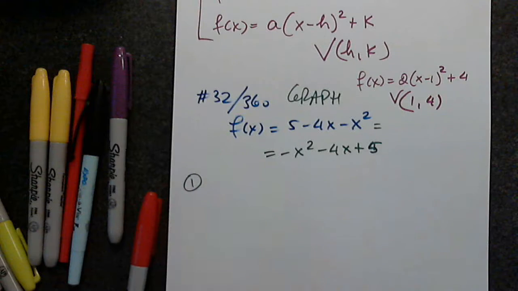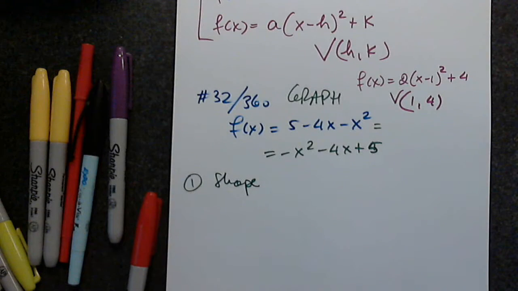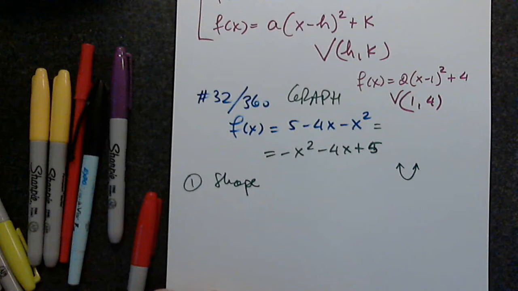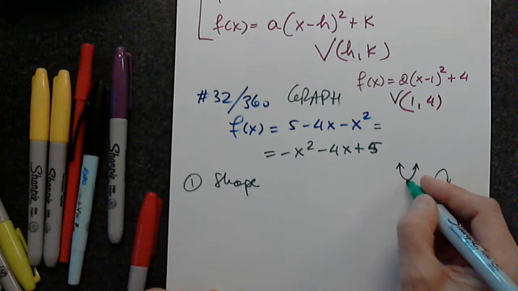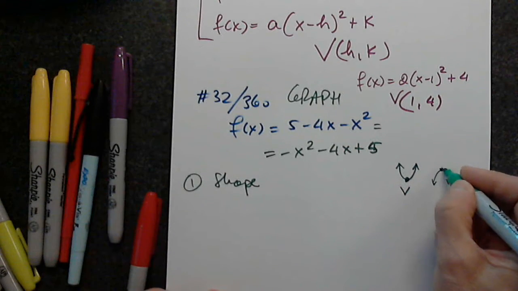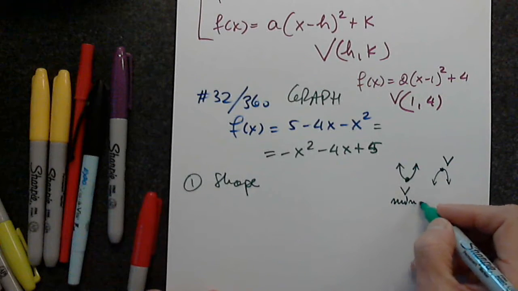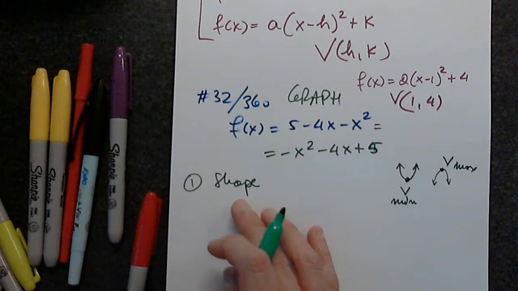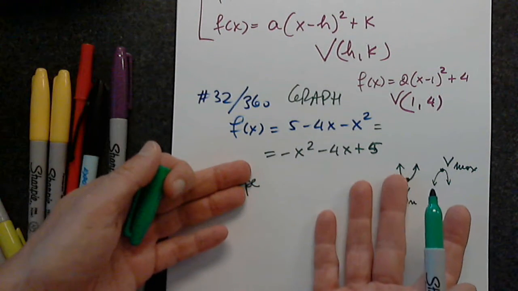Okay, number 1, I will ask you to find the shape. Because we already know from transformations that the quadratic function looks either like this or like this. In this situation, this is the vertex. In this situation, this is the vertex. But here it's a minimum, and here it's a maximum. So how do I know the shape if it's this or this? By simply looking at the function.